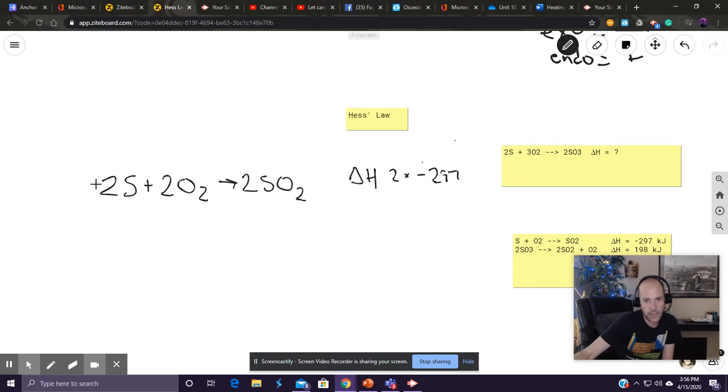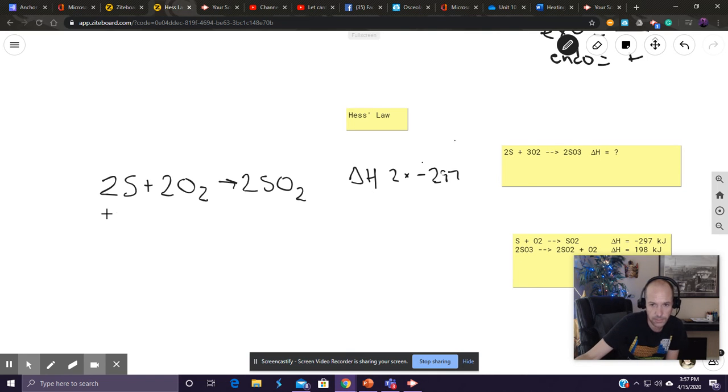Okay, so what we have here is not this. We still don't have this here. So if we look down here at our samples, we want a 2SO3 on this side. We don't have a 2SO3 on this side. We have a 2SO2. But look at this second equation. We have a 2SO3, but it's on the reactant side. So let's flip it.